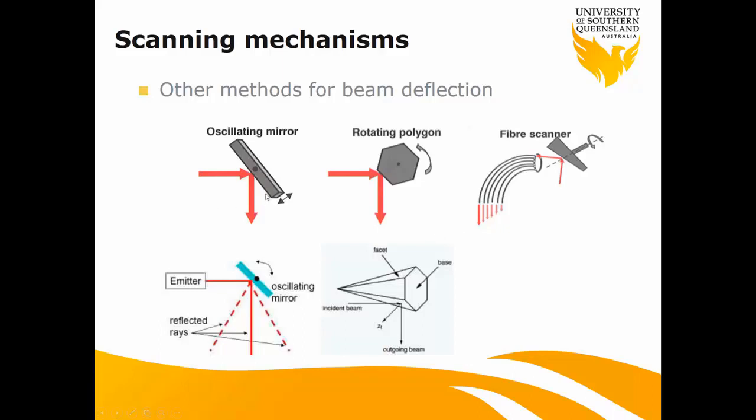This one and the rotating mirror or the panorama deflection unit are the ones used by the terrestrial laser scanner. Some laser scanners also use this rotating polygon. The fiber one is mainly used by airborne LiDAR because it's complicated, as it includes the optical fiber.